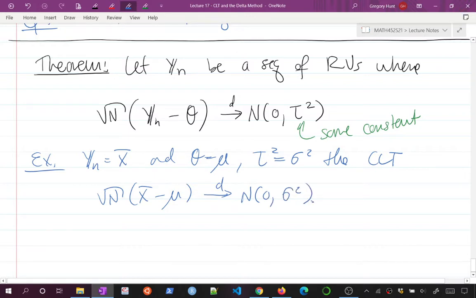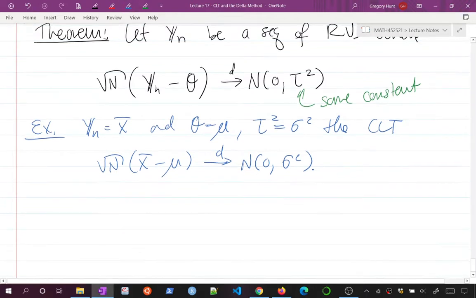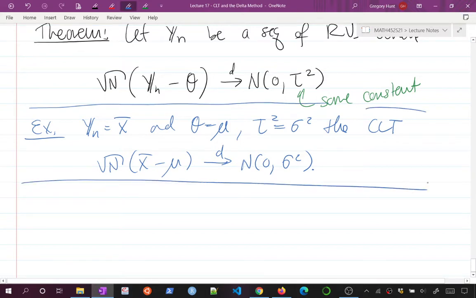The reason the theorem is not written in terms of X bars is that it's a little more general. It doesn't need to be X bar specifically; it just needs to be anything that has some kind of central limit theorem-like distributional convergence. But the classic example that we're really going to use in this course is the CLT. Okay, that's just an aside here.